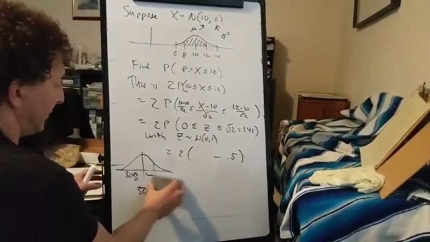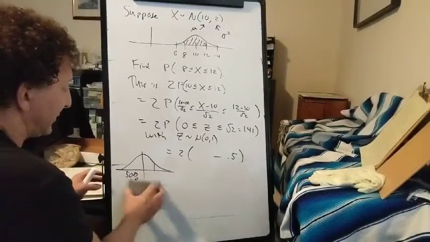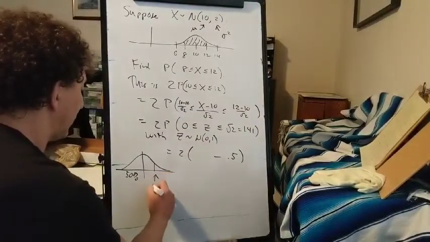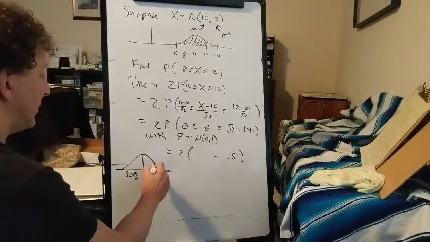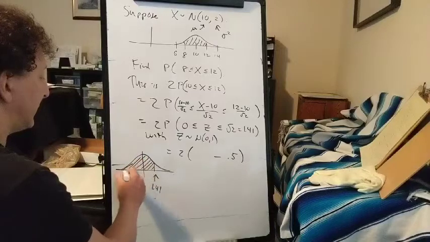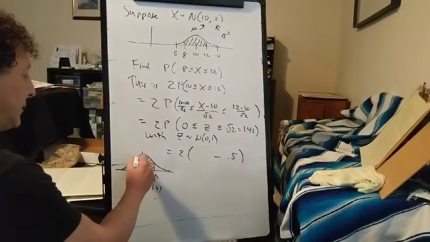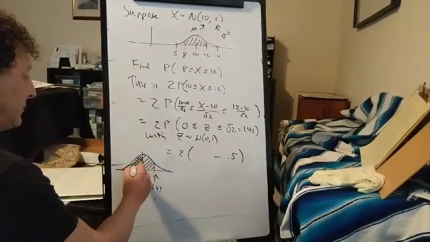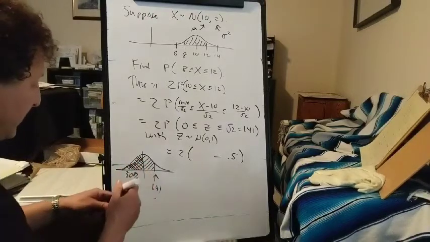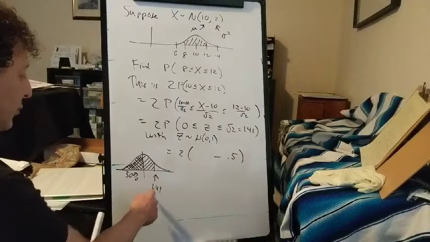Actually, I really mean the half on the left, because if this is 1.41, the table is going to give us the area less than that, and then we subtract this half. So we need to find the area to the left of 1.41.